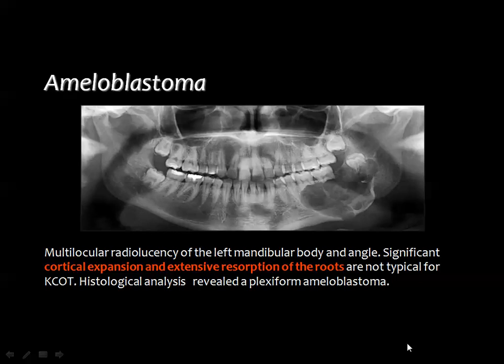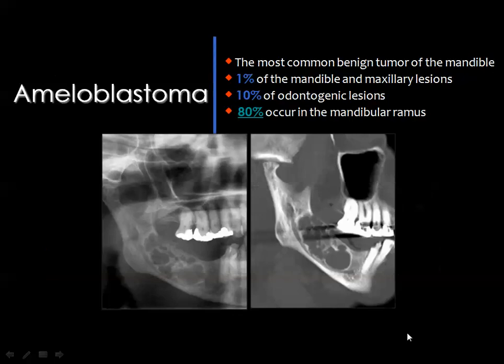And here is a multilocular expanding lesion in the body and the angle of the mandible by X-ray and by CT reconstructed image. Then this is also an expanding lesion.